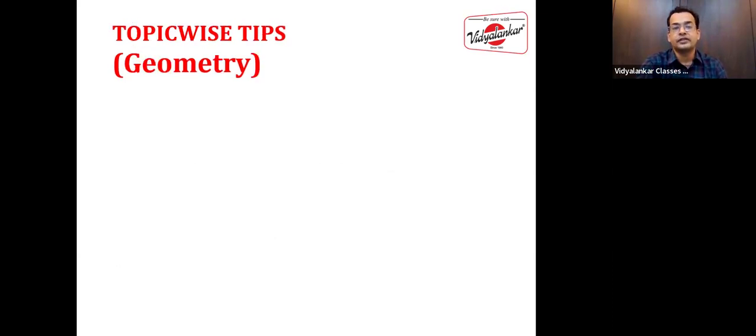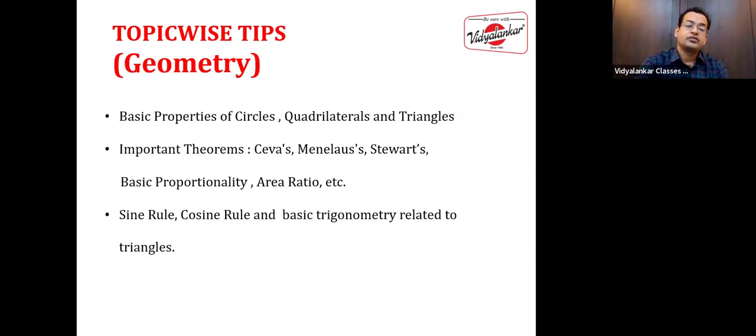If we go to the next topic, that is geometry, again a very, very important topic. See, in geometry, you should study properties of circles, triangles, quadrilaterals, congruency, I mean congruency of triangles, similarity of triangles.